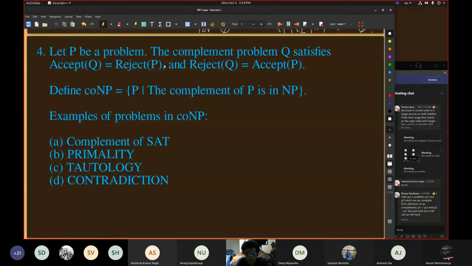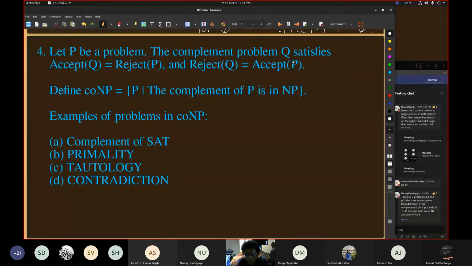So I can think of a problem Q where this accept set and reject set are simply flipped. So if P rejects, Q accepts. If P accepts, Q rejects. For example, if P is the primality testing problem, Q is essentially the compositeness testing problem.